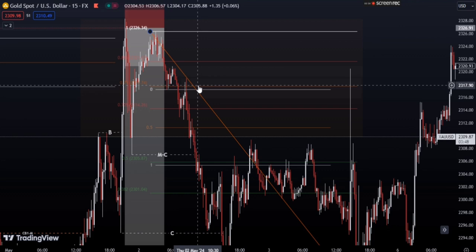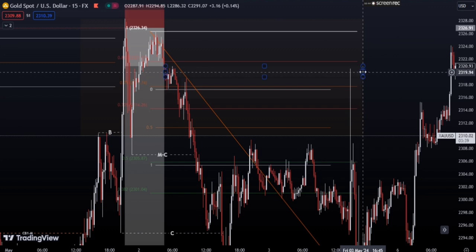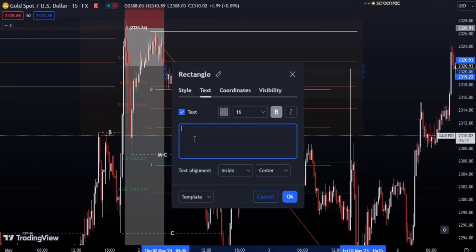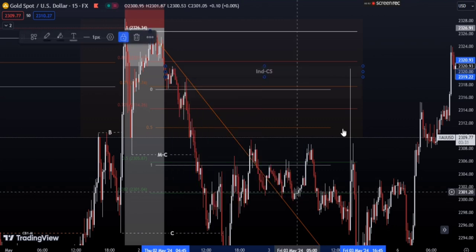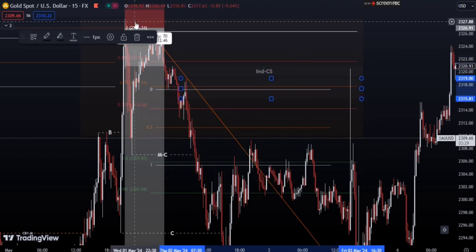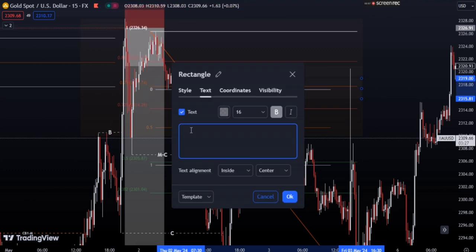So the most heavy demand or supply candlestick is an indecision candlestick. This here is an indecision candlestick. This here is a 38.2 candlestick.